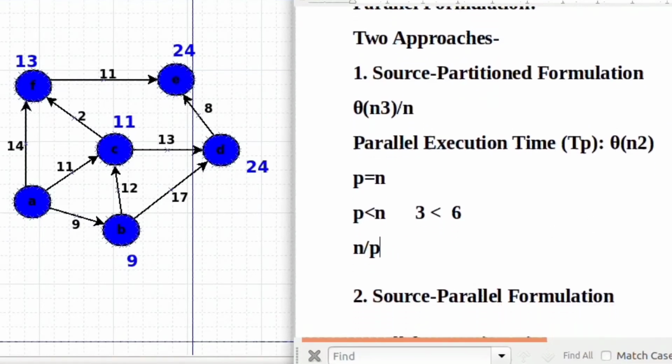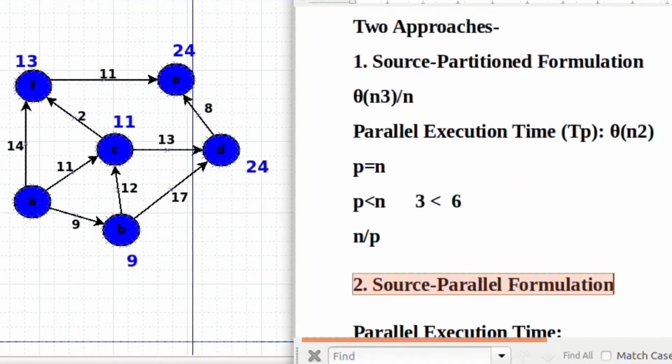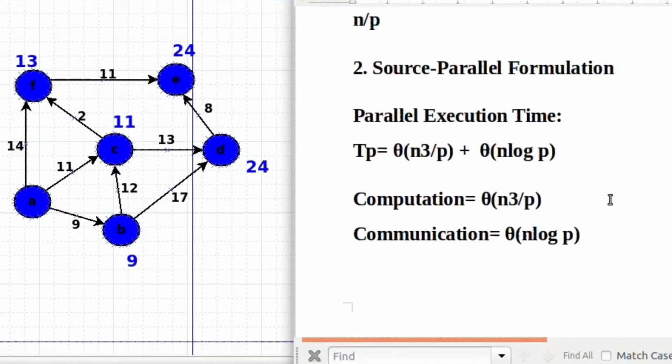Now we'll see another approach, that is the source parallel formulation. In source partition formulation, for each vertex there was a separate process, and that process was applying Dijkstra's algorithm on that particular vertex. In source parallel formulation, we are assuming that multiple processes are working for each vertex. These multiple processes apply Dijkstra's algorithm for that vertex and find the shortest path to all the other vertices.